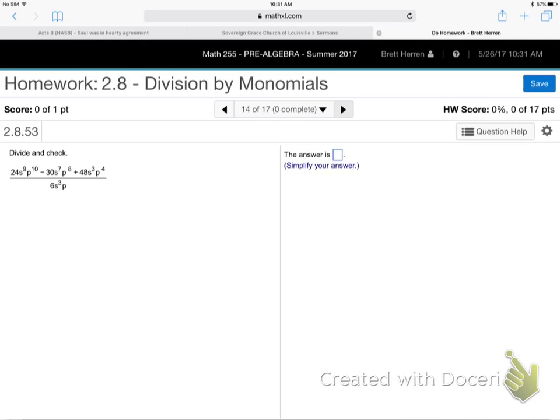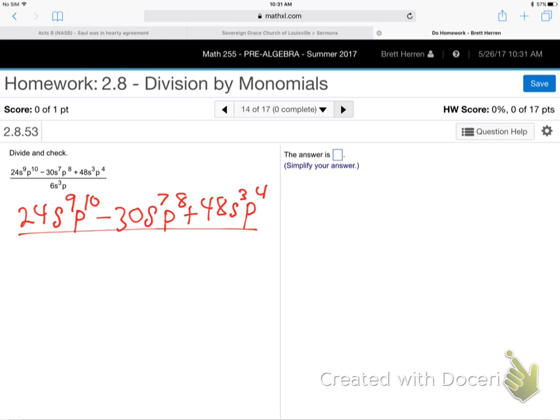Okay, so 24 s to the 9th p to the 10 minus 30 s to the 7th p to the 8th plus 48 s to the 3rd p to the 4th, all over 6 s to the 3rd p, right?